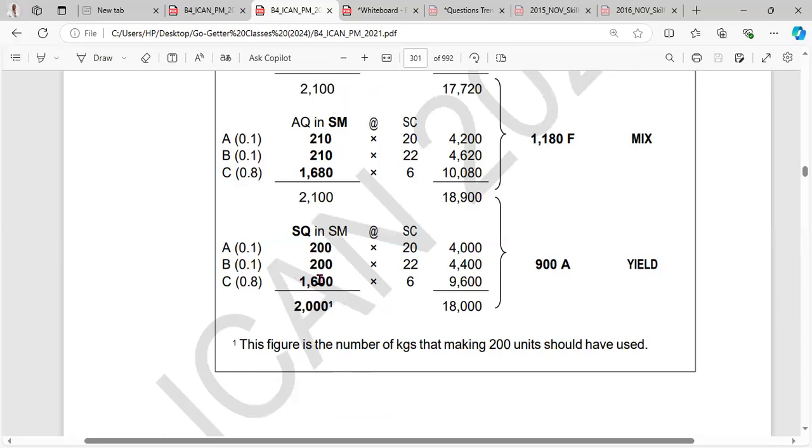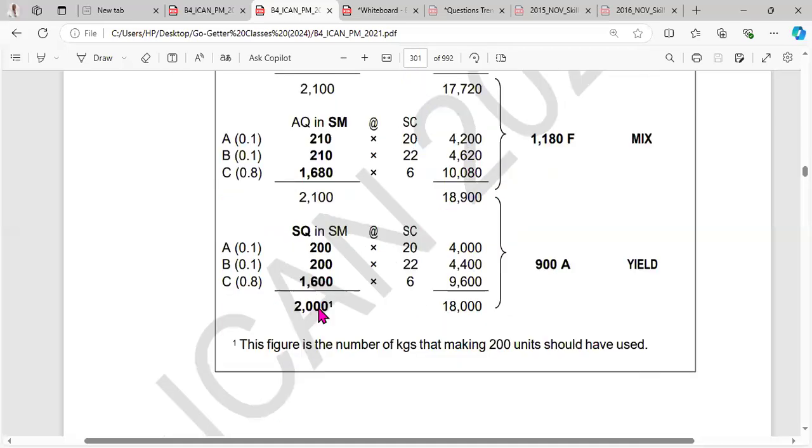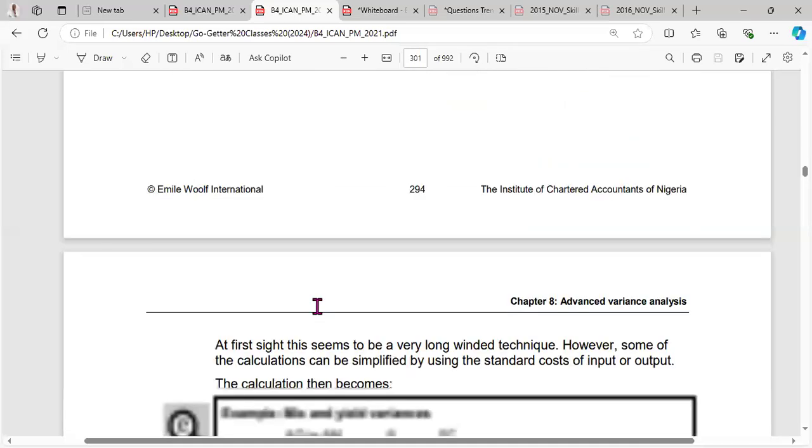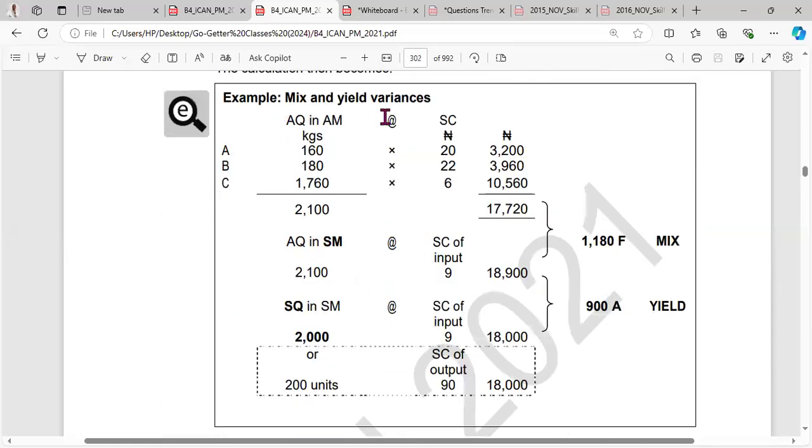Maybe we should see a question. So that's what we did here. Actual quantity, standard mix with actual quantity, actual mix gives us mix variance. Standard quantity, standard mix with actual quantity, standard mix gives us yield.